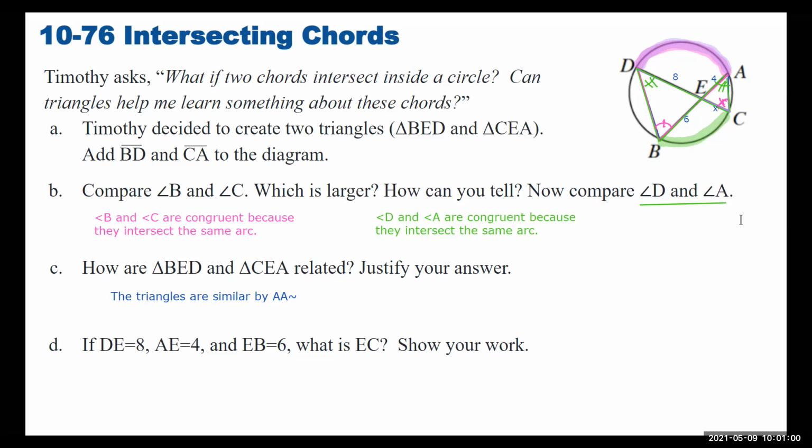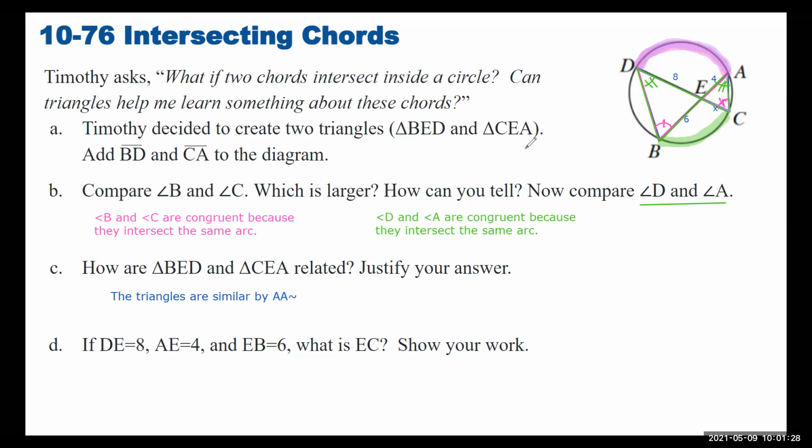We have similar triangles, which means we have proportional sides. So we can set up a proportion between these values. We can say that 8 relates to 4 the way that 6 relates to X, or 8 relates to 6 the way that 4 relates to X. There are multiple ways we can set this up.